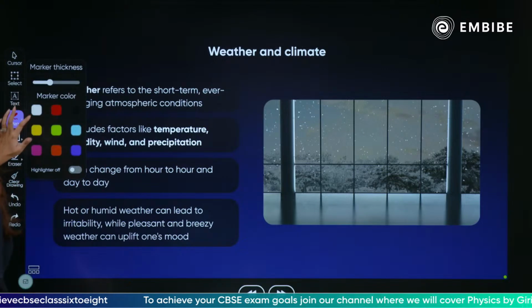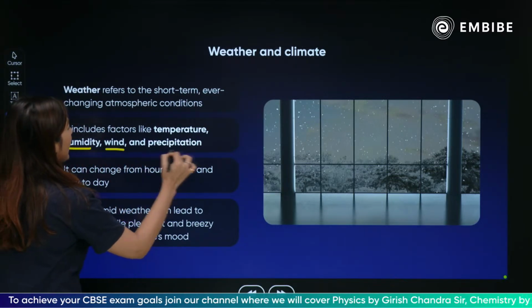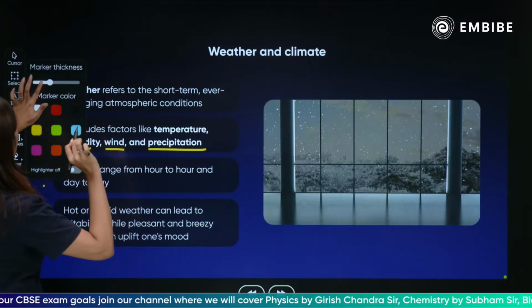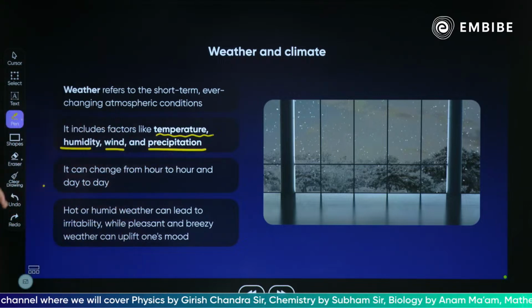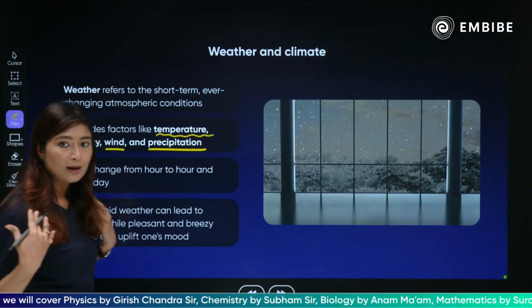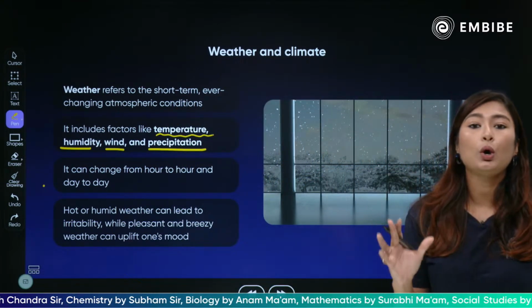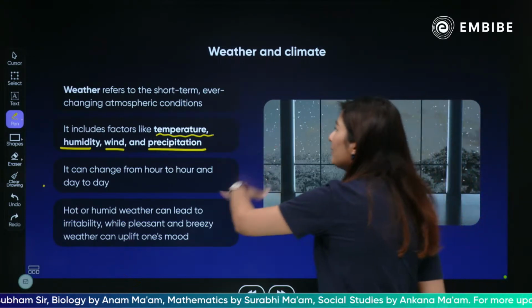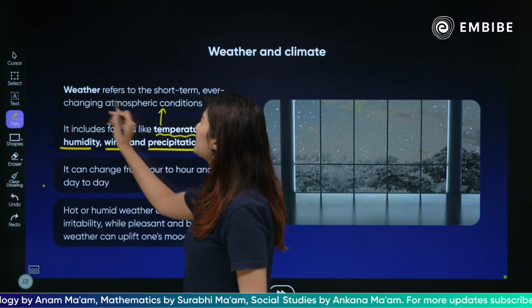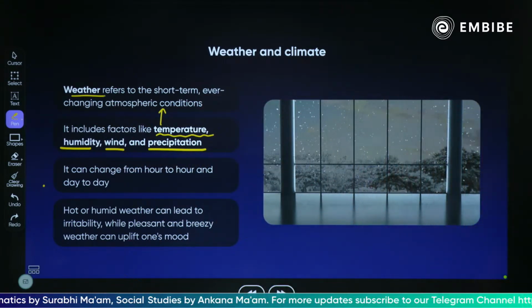These elements are humidity, wind and precipitation along with the temperature. तो temperature कैसा है? उसके साथ what is the amount of moisture present in the air, at what speed is the wind flowing, and of course amount of rainfall, कितनी बारिश हो रही है, नहीं हो रही है. Based on this we assess what the weather looks like, how the weather is. ठीक है, इन सारी चीज़ों के ऊपर बेस करके हम ये समझते हैं कि वेदर कैसा है और कैसा नहीं है.